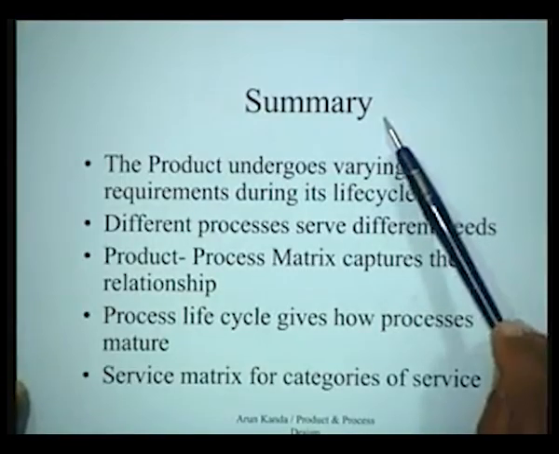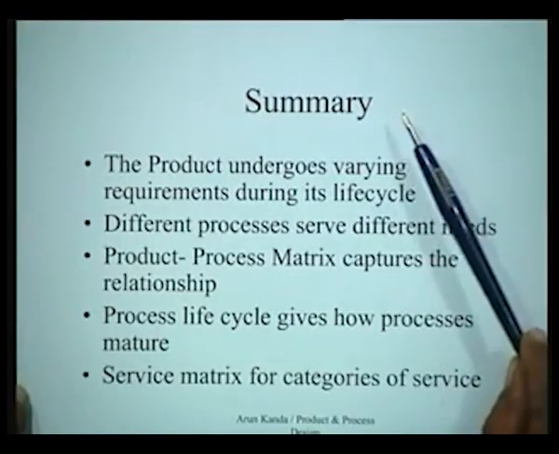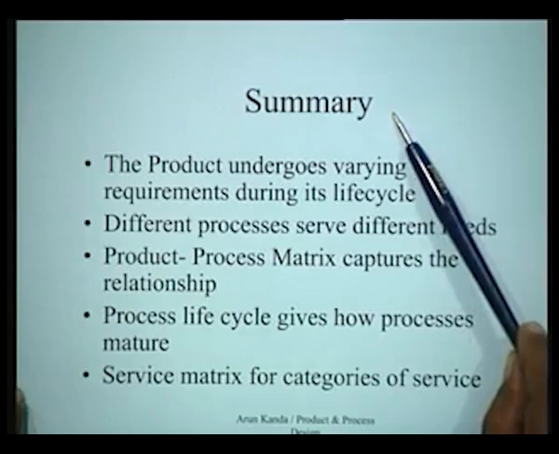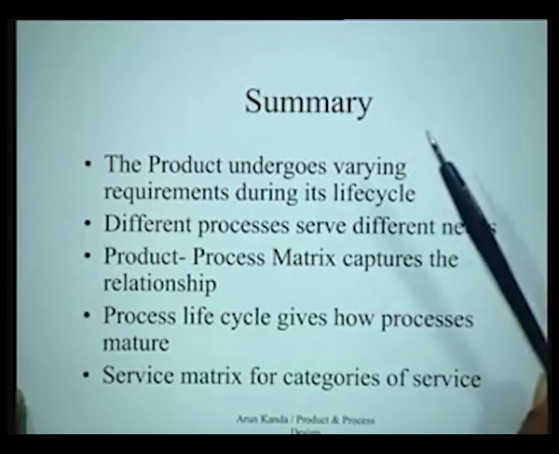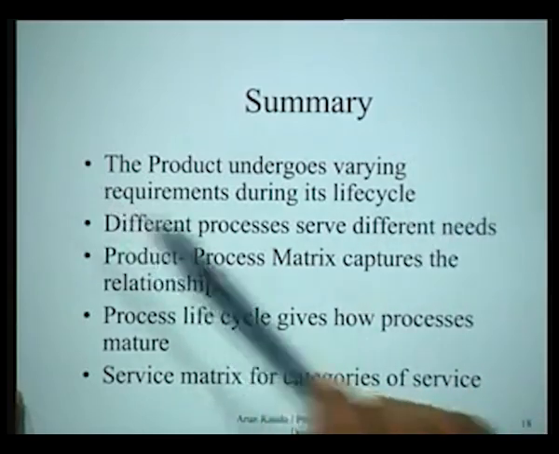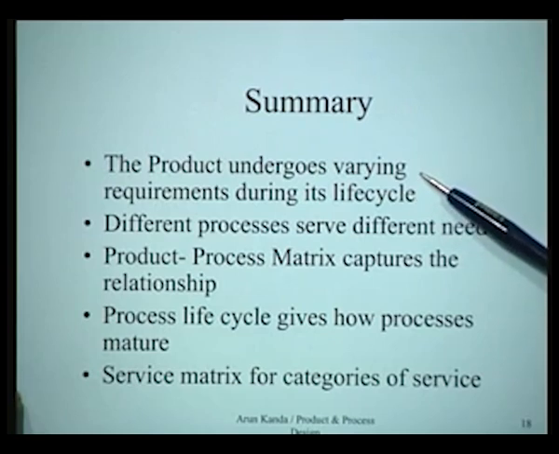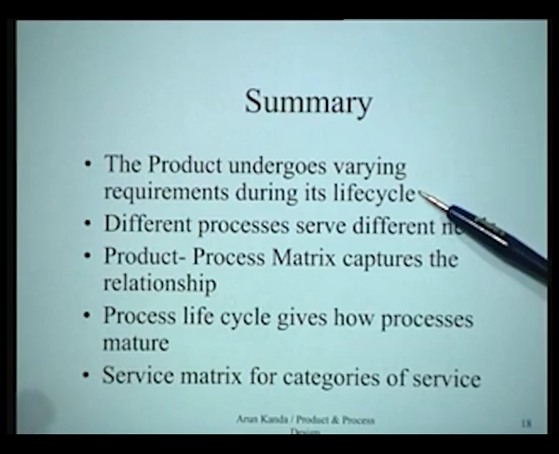Finally, let's try to summarize what we have tried to talk about today. I think the first important lesson for us was that the product undergoes varying requirements during its life cycle. We saw the product life cycle and we saw that there were requirements which varied as the product went through this life cycle.